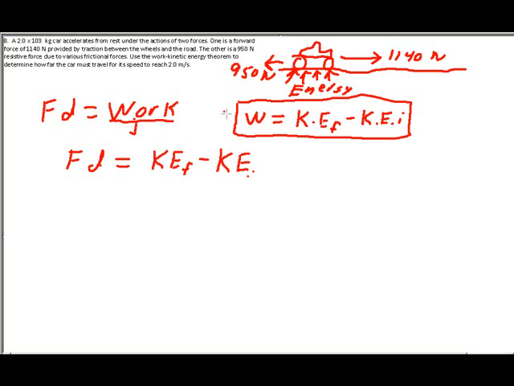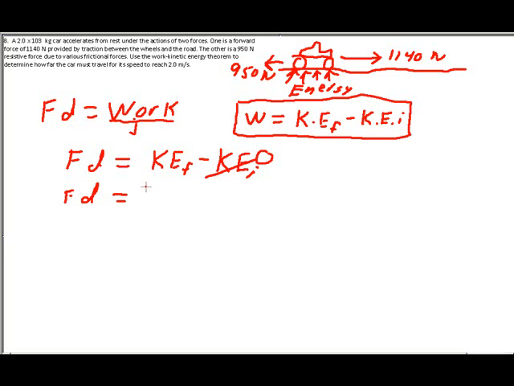Well, according to this problem, the car began at rest. And if it's not moving, there is no kinetic energy because there's no motion. So this will go to 0. So now you can write it as the force times the distance is equal to the final kinetic energy.